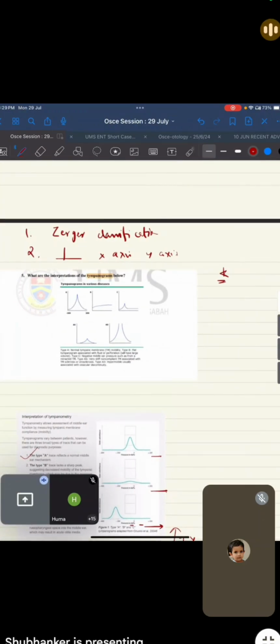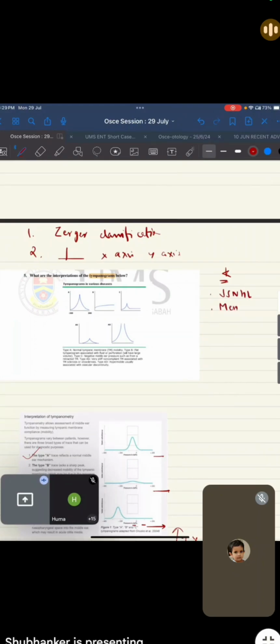When you get fed up of studying your Guillain-Barré commas, try reading SSNHL, that is sudden sensorineural hearing loss, very important. Meniere's disease is important from the point of view of the exam. Third will be otosclerosis, and fourth will be SCCD, superior semicircular canal dehiscence syndrome. From these they can ask multiple topics in the viva and OSCEs, multiple images, multiple drugs.